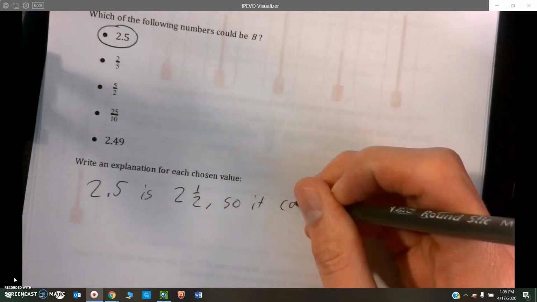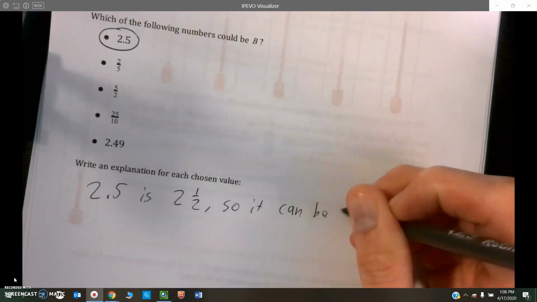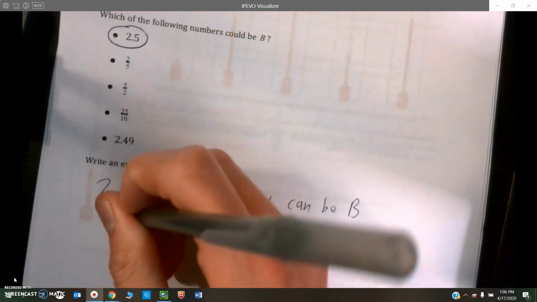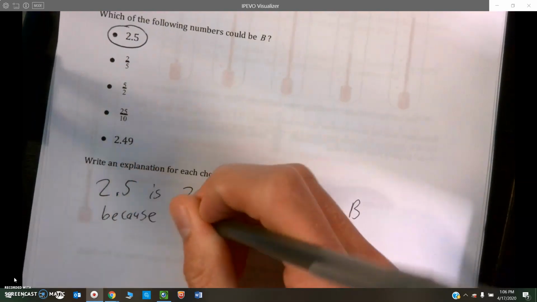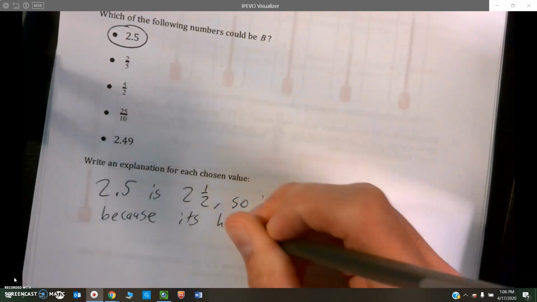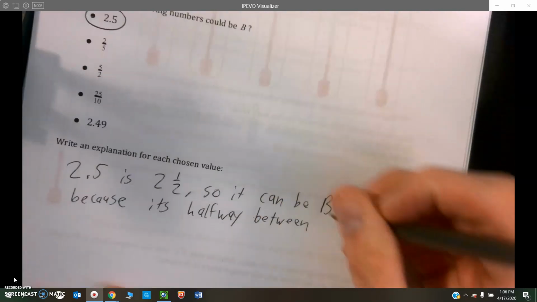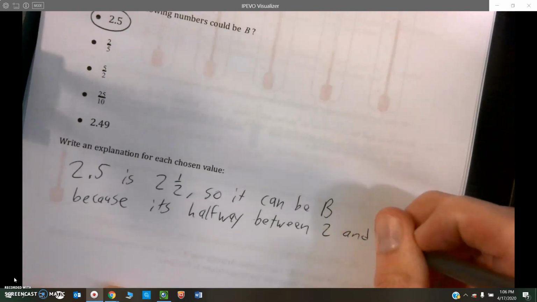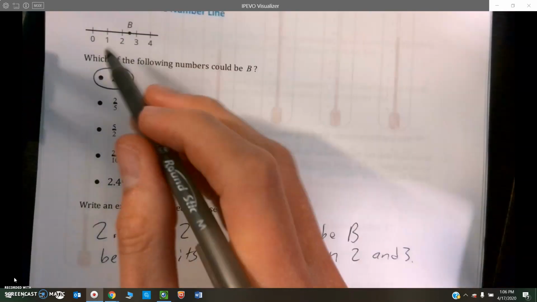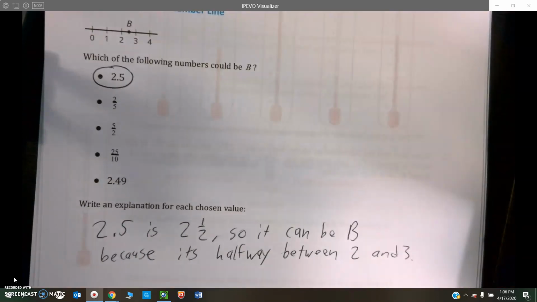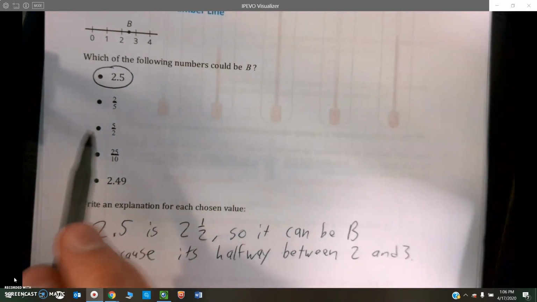So it can be B because it's halfway between 2 and 3. Right? So if B is halfway between 2 and 3, then 2 and 5/10 or 2.5 is a great potential answer.